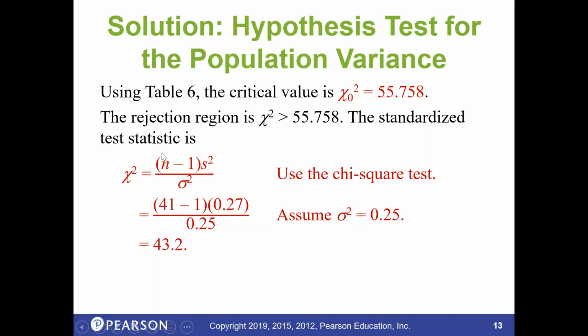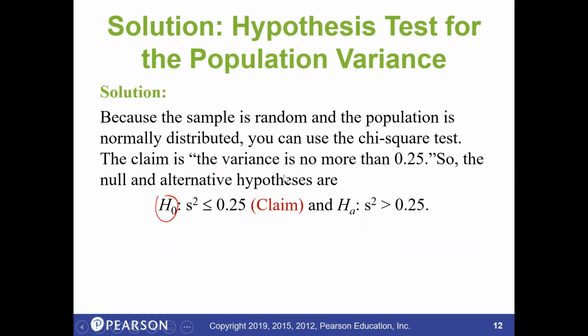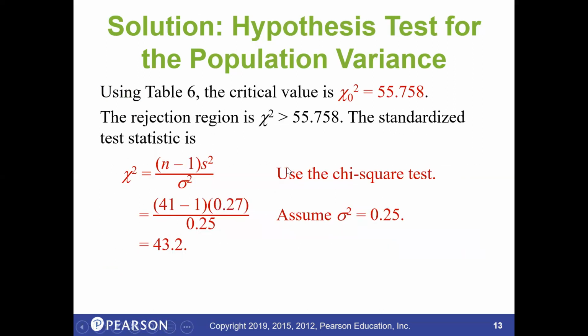So chi-squared would be degrees of freedom, which is 40. And what we found in our test is that we found a variance of, let's go back over here, right there. This is what we found, 0.27. So we're going to use that little figure right there now. 0.27. Multiply the top, divide by 0.25.